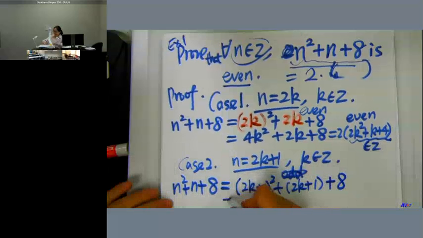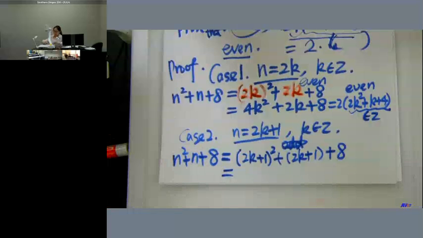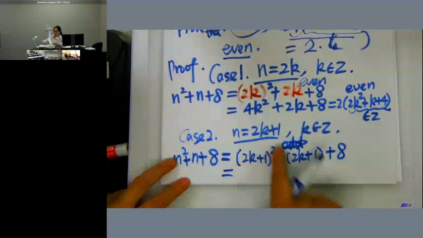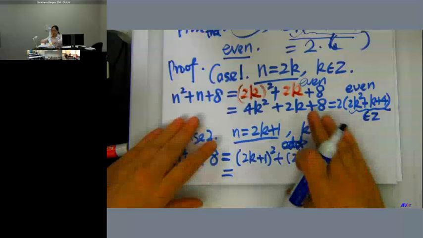So we use algebra. How do we work out 2k plus 1 squared? You can use the FOIL rule or just distribution. But be careful.